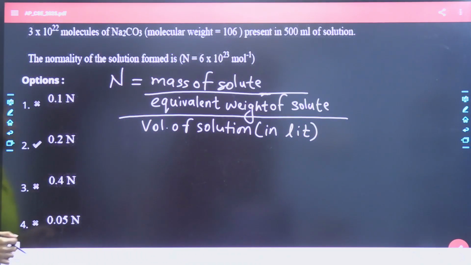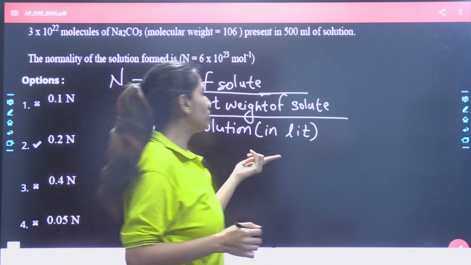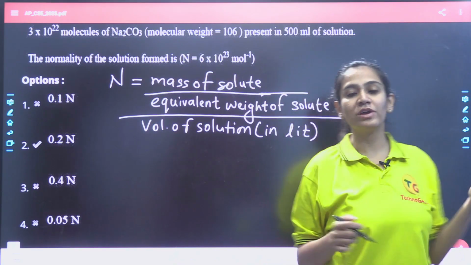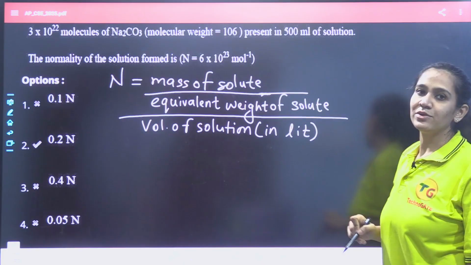This much we solved, because normality is gram equivalents present per liter of the solution, and gram equivalents of solute is mass of solute upon equivalent weight of the solute.